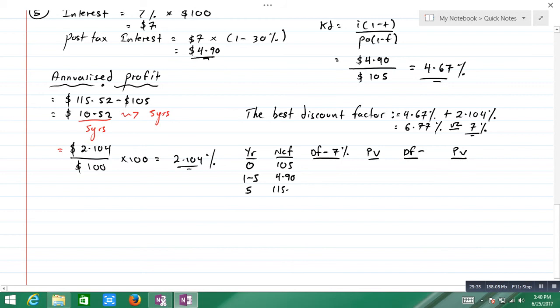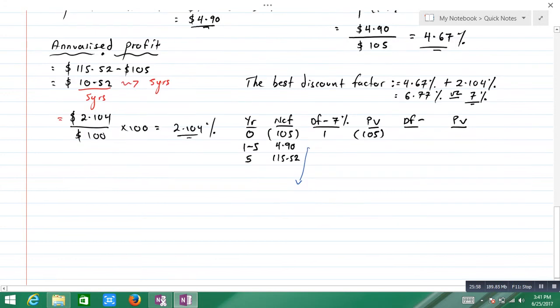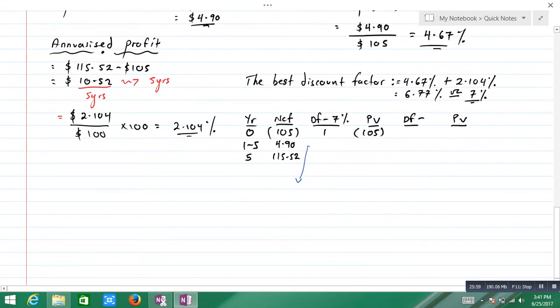Okay, so if you still remember, let me recall how to do the annuity factor over here. You have to use the annuity factor, which is 1 minus 1 plus r, power of negative n, or t, over r.